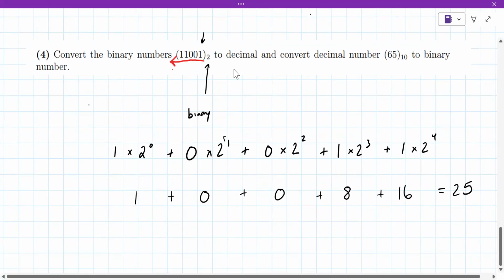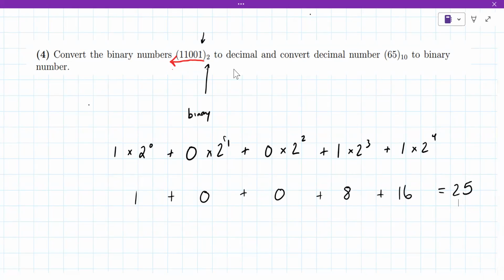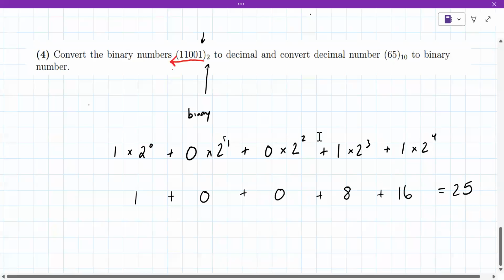How did you do 1 times 2 to the 3rd? Order of operations: you do the exponent first, then you multiply.